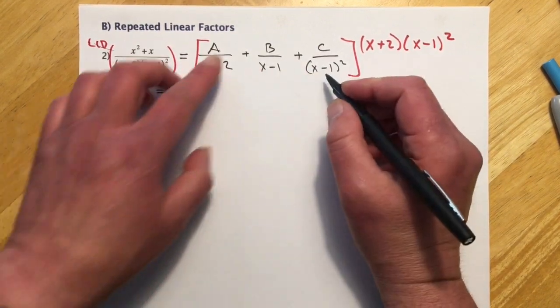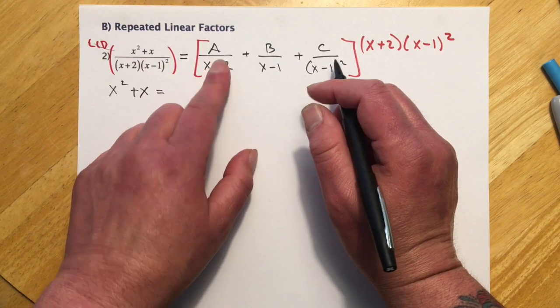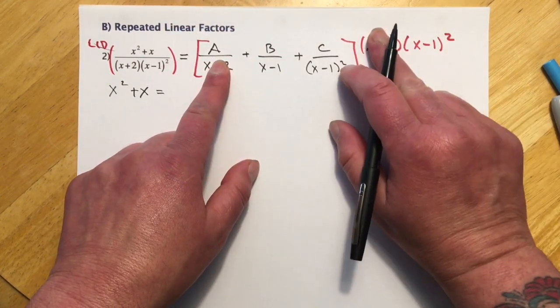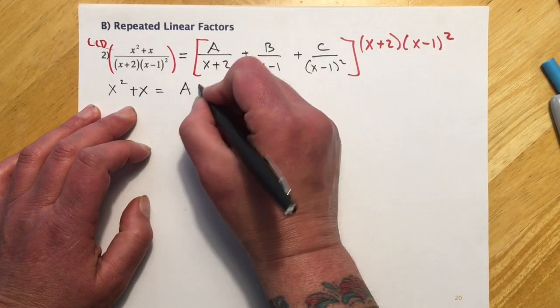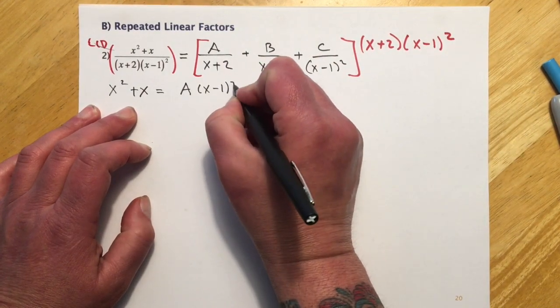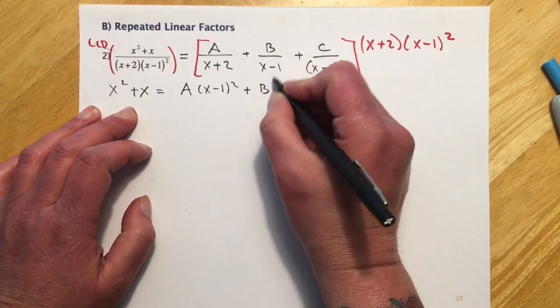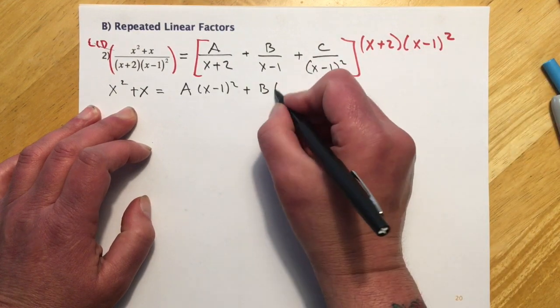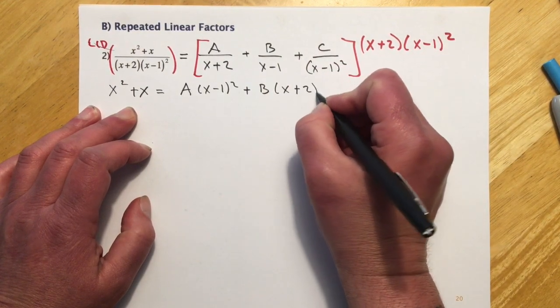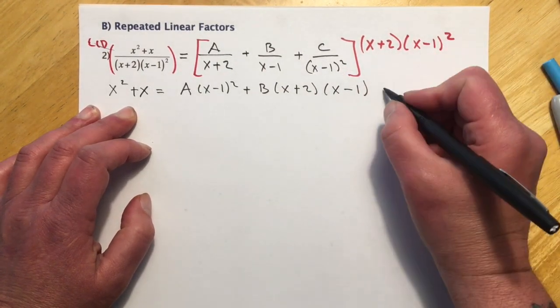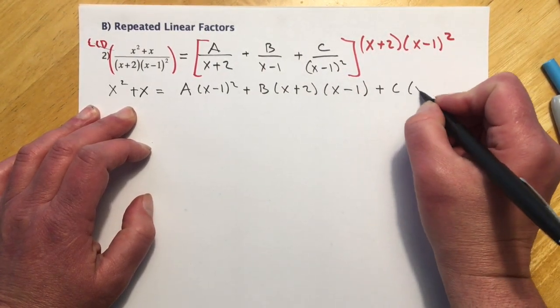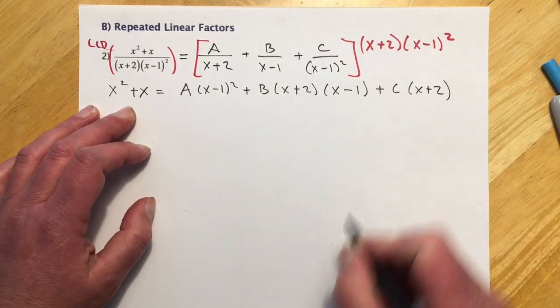That's going to equal A, and whatever's canceling isn't on the next line. So it's A times x minus 1 squared, plus B, where one of the x minus 1's is gone, so x plus 2 times x minus 1, and C, where the x minus 1 squareds cancel, so C times x plus 2.